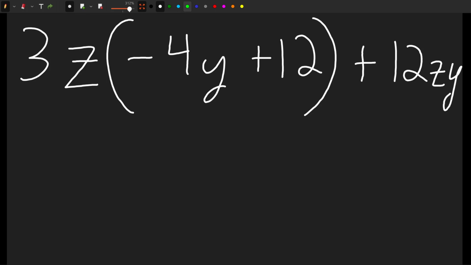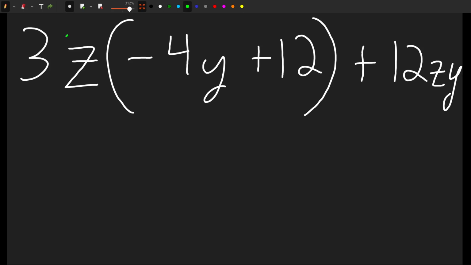So this last term has both z and y in it. Okay? So that's a little bit more unique than what we've seen before. Also, we're starting with a negative 4, and we have two different variables. We have z and y that we're going to have to multiply across with.